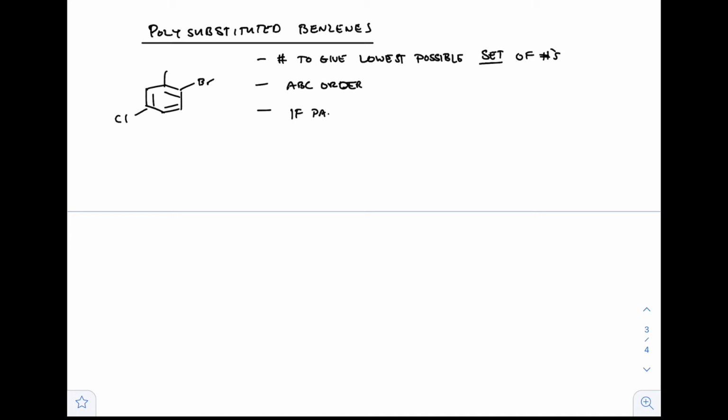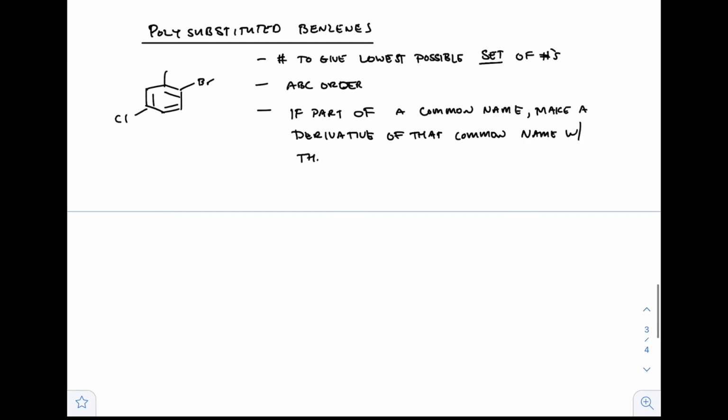We also want to put them in ABC order, and then if part of the ring is a common name, then we want to have them be derivatives of that common benzene ring. Like the methyl group here, that's a toluene. So that's going to be a chloro and a bromo.